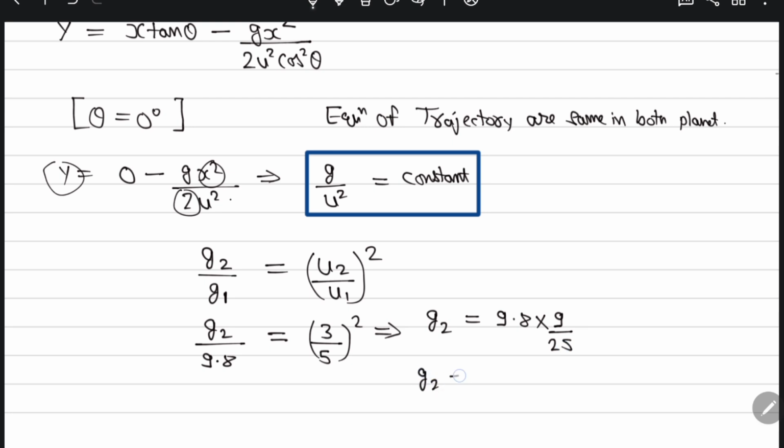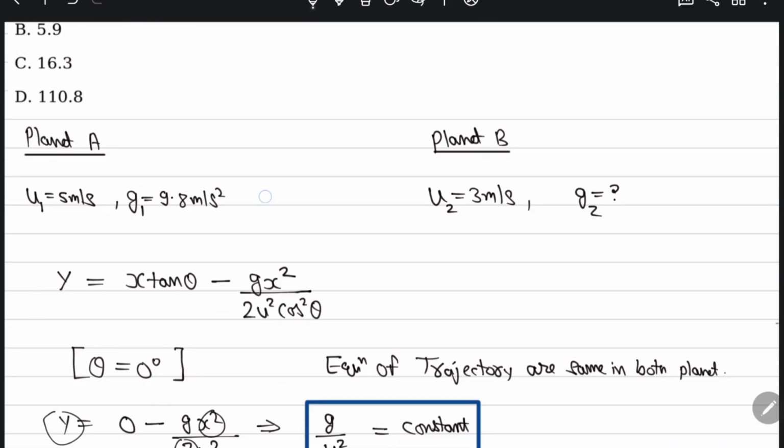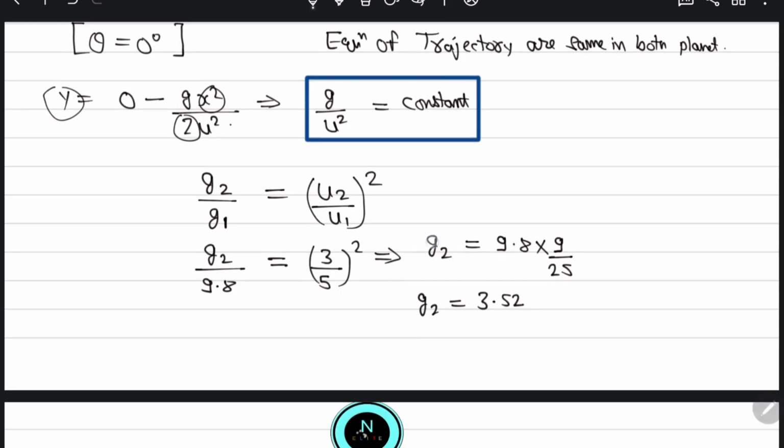So g2 comes out to be 9 into 9.8 divided by 25, that comes out to be 3.52 meter per second square.